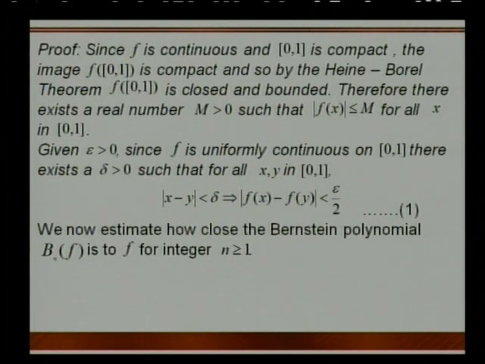There is a very celebrated theorem of Heine-Borel which says what compact sets in Rn are, for example. What is the Heine-Borel theorem? The Heine-Borel theorem tells you that the compact sets in the Euclidean space are precisely the closed and bounded subsets, right?